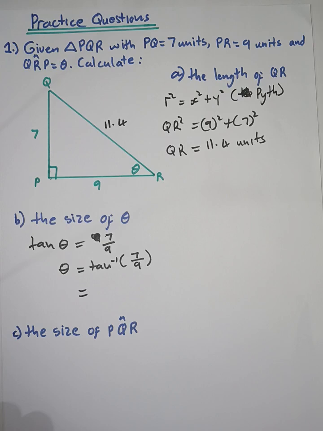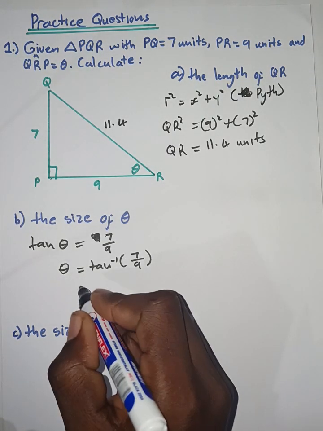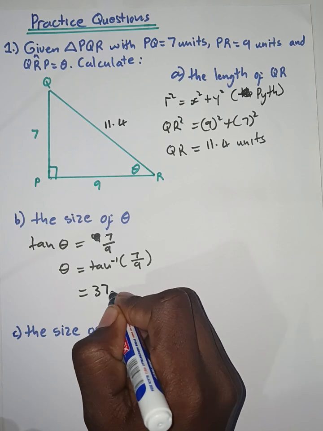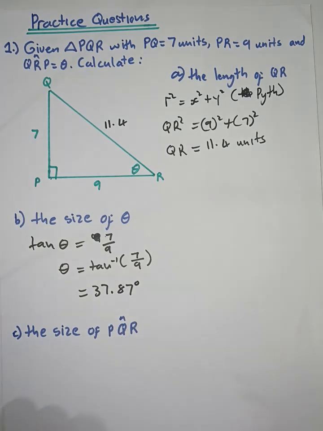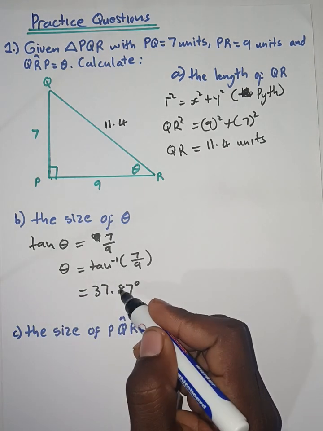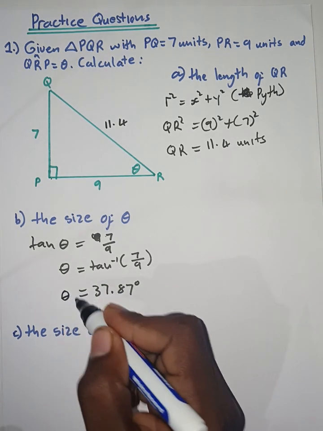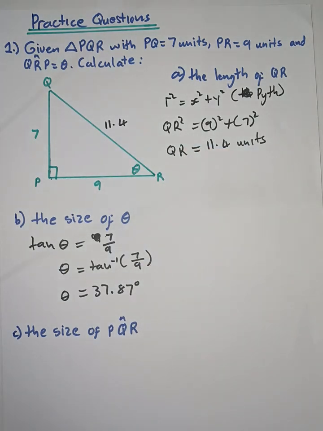Now if you put that on your calculator, you're going to get 37.87 degrees. Now if you had used the sine or cos, you would have found a value that is slightly different. The reason for that would be the rounding that we did in this case. You would still be marked correct, because that's the answer that you got.